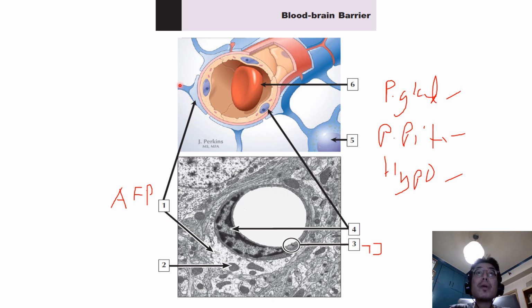Number 2 is a mitochondrion. 3 here, the encircled structure, is a tight junction between endothelial cells. 4 is a nucleus of an endothelial cell, and we can show here the darkly stained euchromatin in the nucleus of the endothelial cell. 5 is a nucleus of an astrocyte. And 6 is an RBC, or an erythrocyte, in the lumen of the capillary.